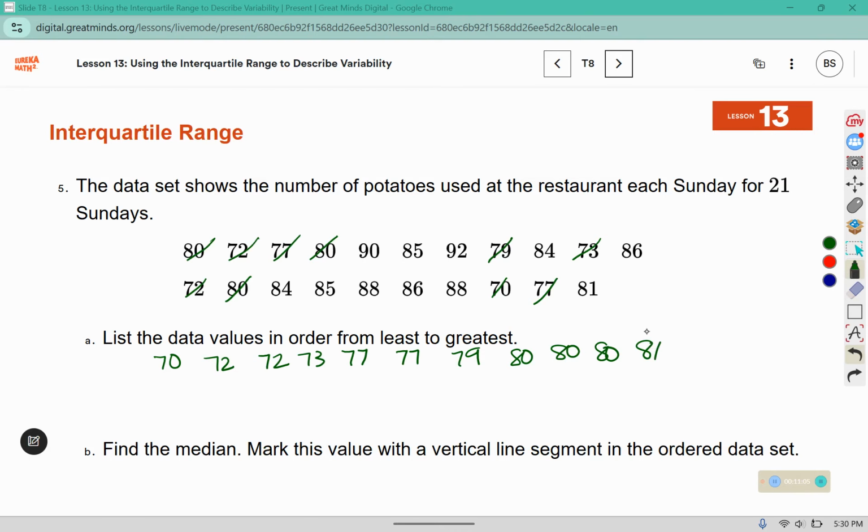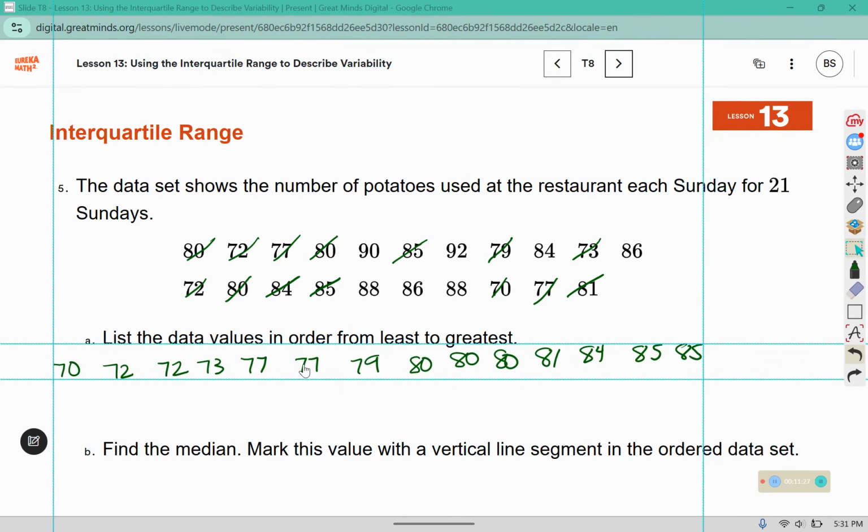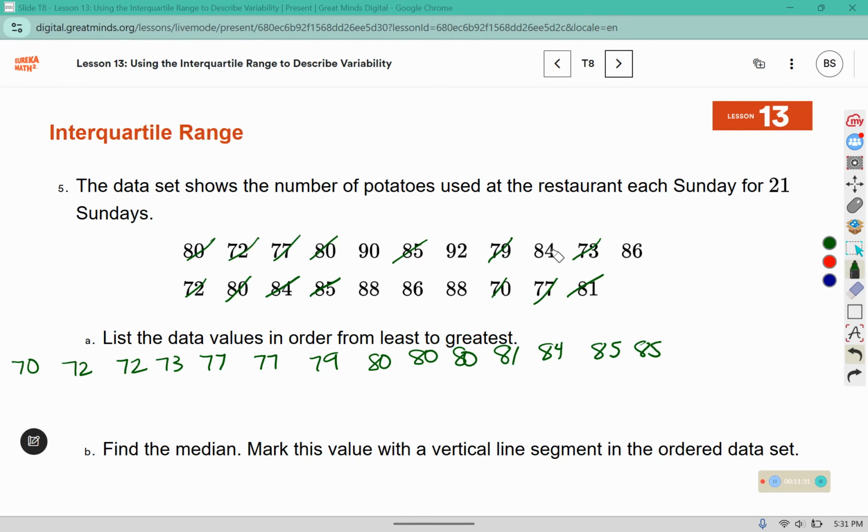An 81. There's an 84. An 85. Another 85. Oh, I skipped an 84. Two 86s. Two 88s.